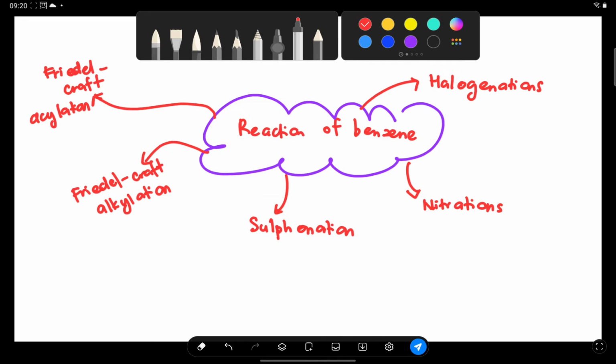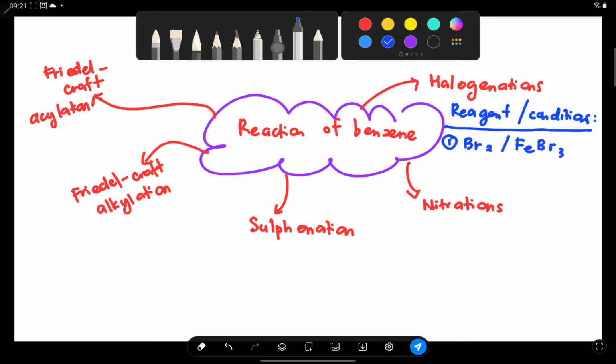Normally the reagent and condition, we can use Br2 in the presence of FeBr3, or Cl2 in the presence of FeCl3.